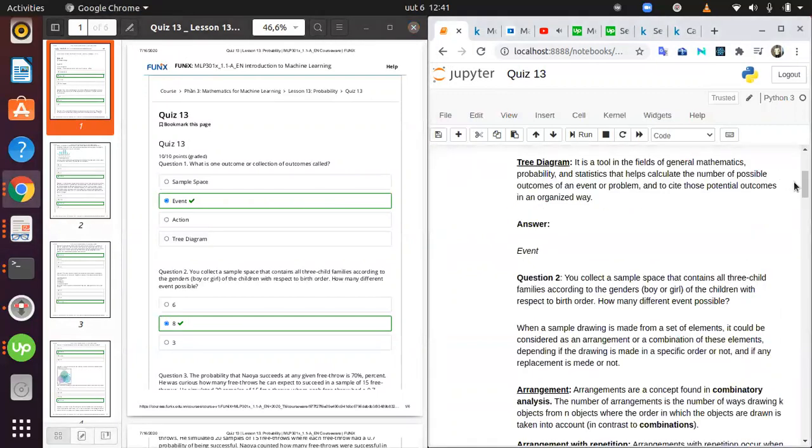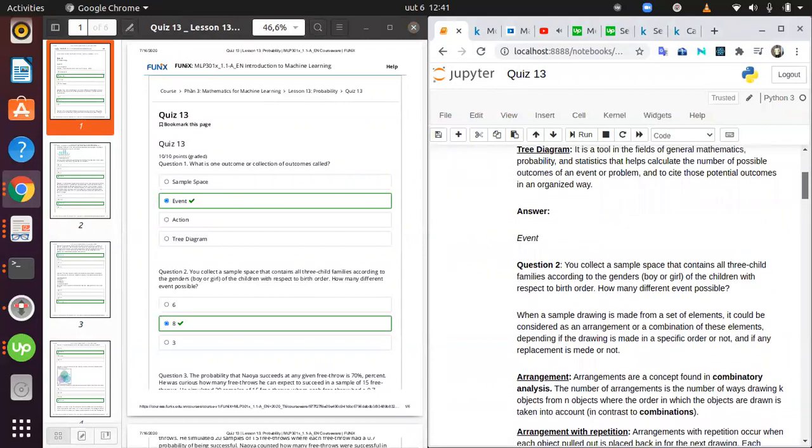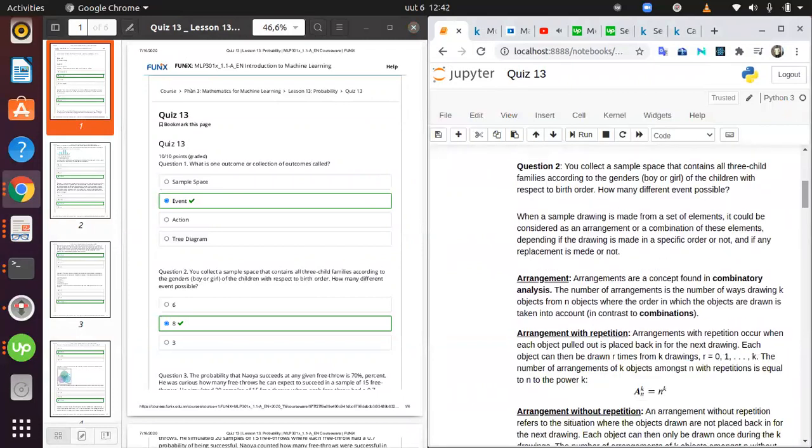Question number 2. You collect a sample space that contains all three child families according to the genders, boy or girl, of the children with respect to birth order. How many different events are possible?